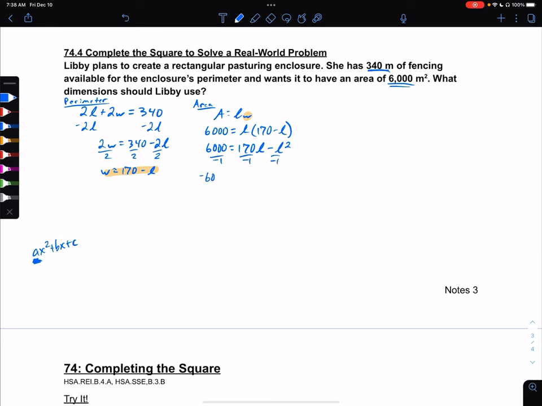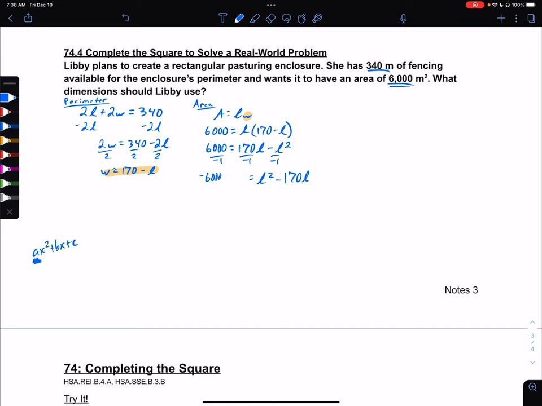So I have -6,000 equal to L squared minus 170L. All the signs were changed, and I swapped the order of the -L squared, which now becomes L squared, and 170L, which is now minus 170L.